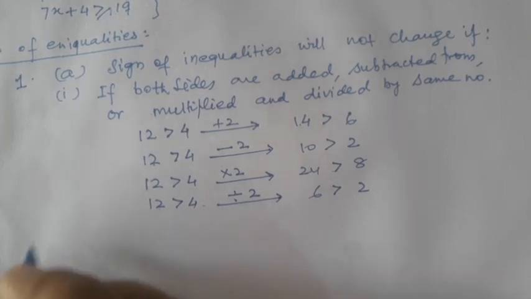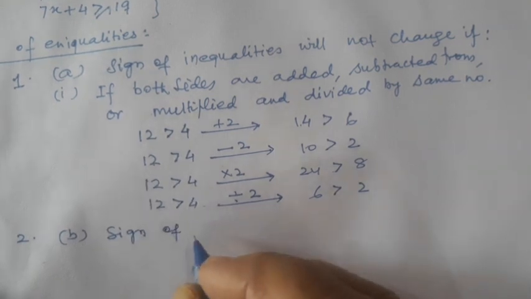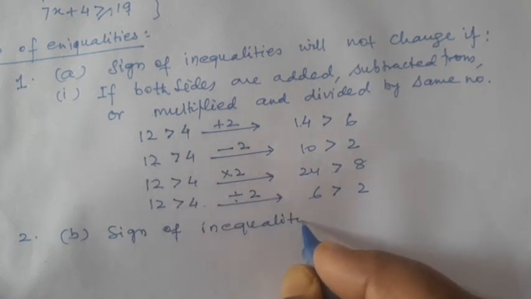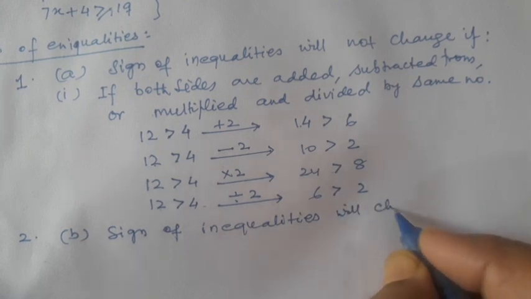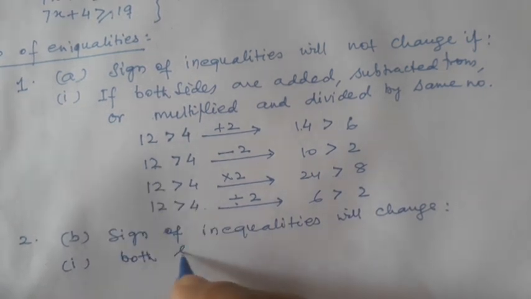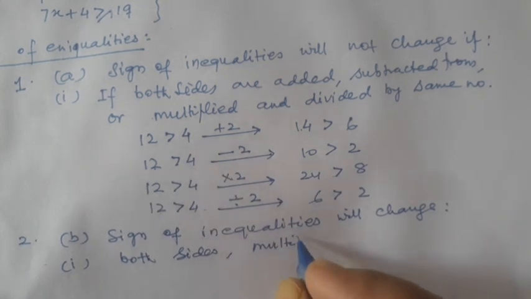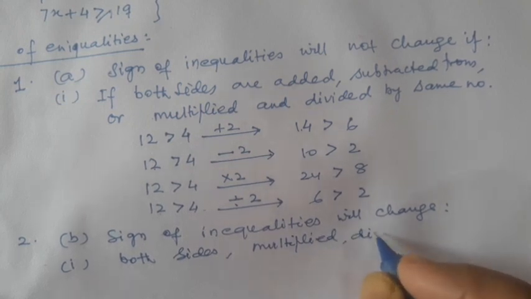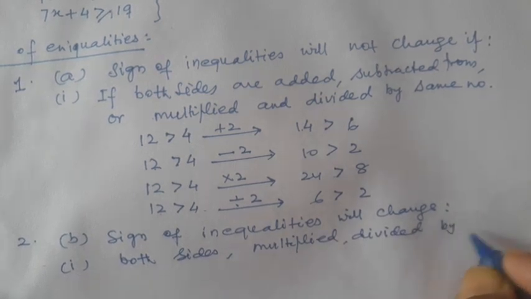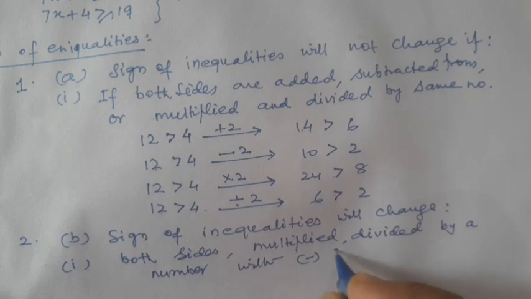Second rule: the sign of inequalities will change if both sides are multiplied or divided by a number with a negative sign.